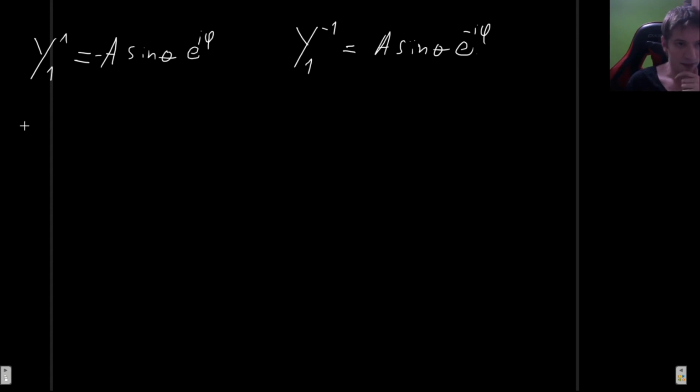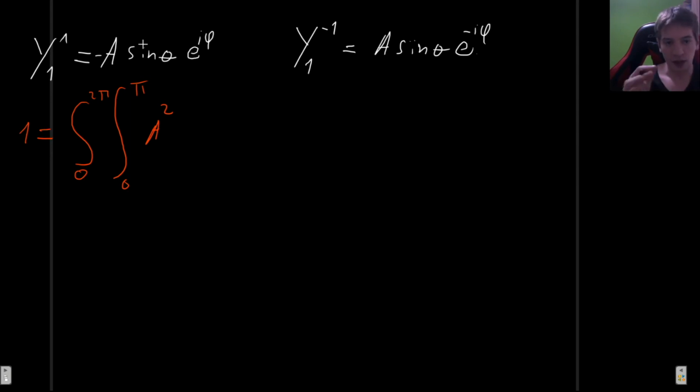Now let's normalize it. So we get 1 has to be equal, let's begin with this one, to the integral from 0 to 2 pi, integral from 0 to pi of a squared. This minus sign will cancel out because we are squaring this, basically. We're taking its complex conjugate and multiplying by just this function right here. And then we have this e to the minus I phi sine squared theta e to the I phi.